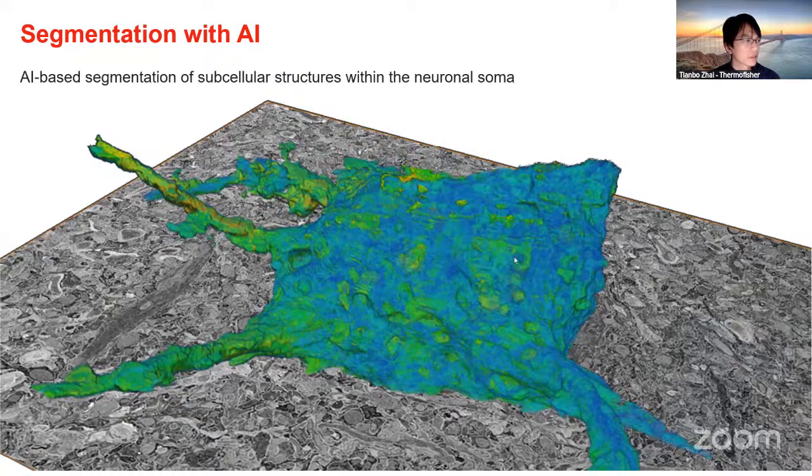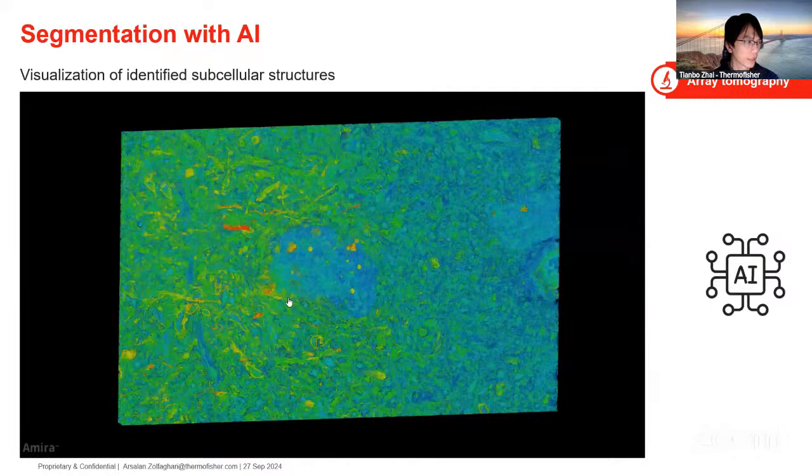Again, this is just a visual impression. As you can imagine, to be able to segment a biological structure across a very crowded space could be quite challenging, but with carefully planned training processes, and here what you're seeing is the final prediction, it's aligned quite well, in particular if we're looking at this visual of all those identified subcellular structures.